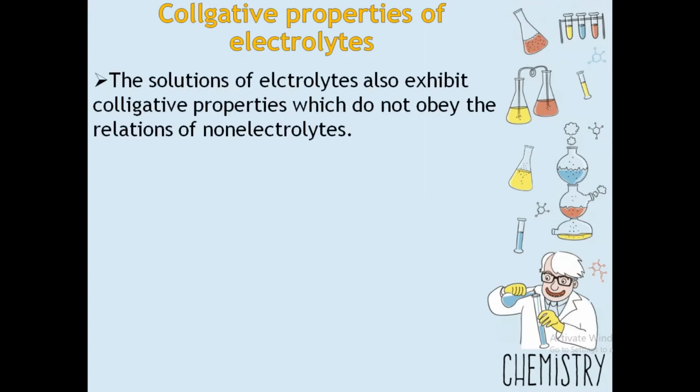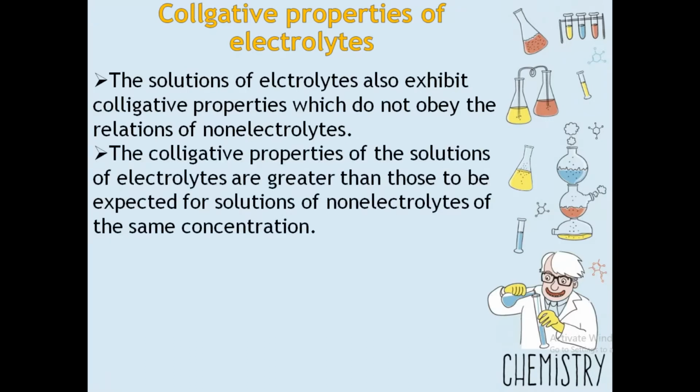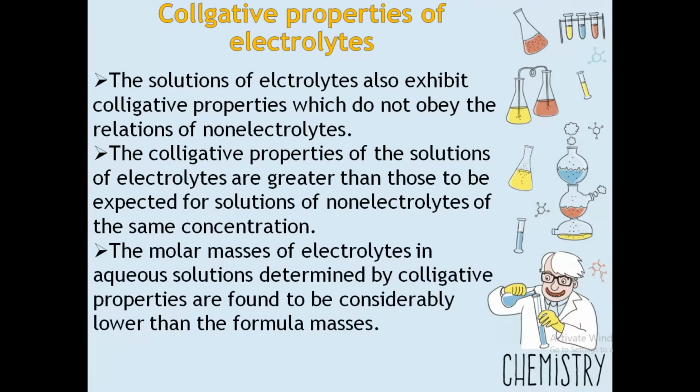So first, solutions of electrolytes also exhibit colligative properties which do not obey the relations of non-electrolytes. Second, the colligative properties of solutions of electrolytes are greater than those expected for solutions of non-electrolytes of the same concentration if dissociation takes place. Now third, the molar masses of electrolytes in aqueous solution determined by the colligative properties are found to be considerably lower than the formula masses.